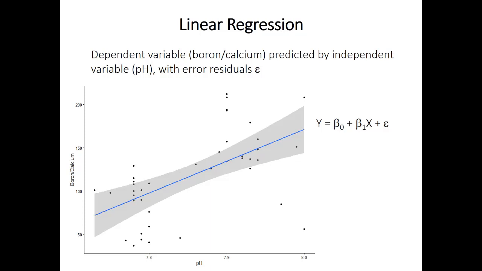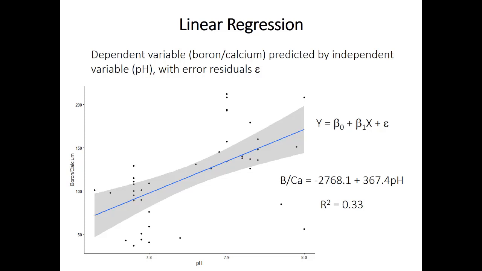So as you can see, this does an okay job of explaining the relationship. It's not a great job, but there's definitely a lot of scatter around this line. In fact, the best fit relationship is this equation here, and the R squared is 0.33. That indicates that only 33% of the variation in boron calcium can be accounted for by changes in pH.